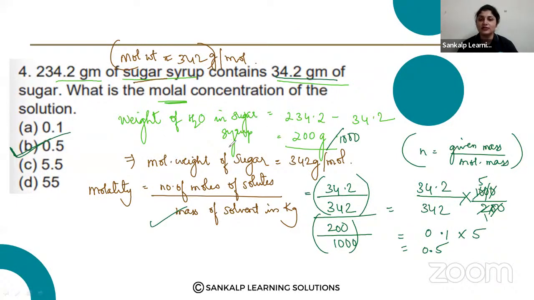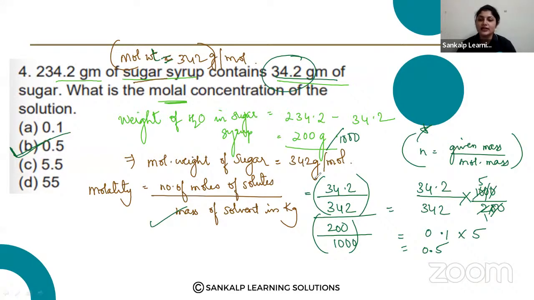In the last problem we have seen the molecular weight of the sugar is 342 gram per mole. How to calculate the number of moles of solute? Remember, number of moles is given mass upon molecular mass. Given mass we know is 34.2, divided by the molecular mass, 342.